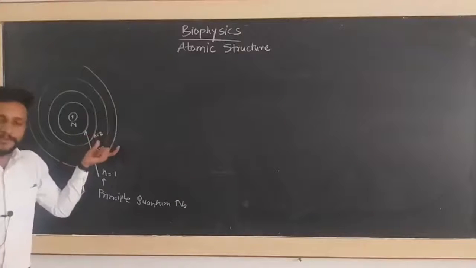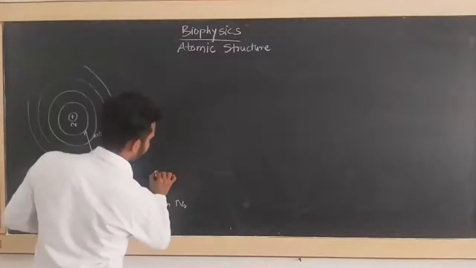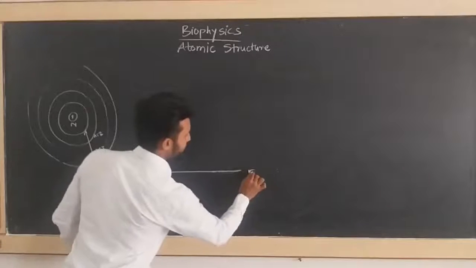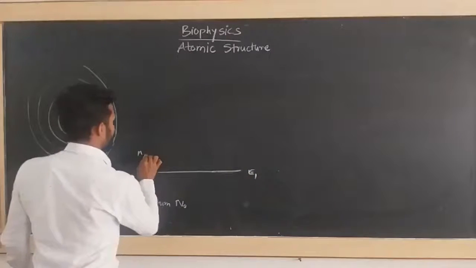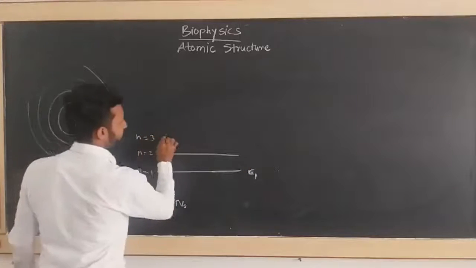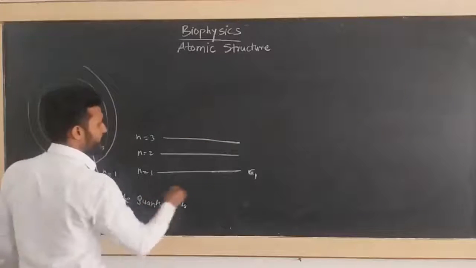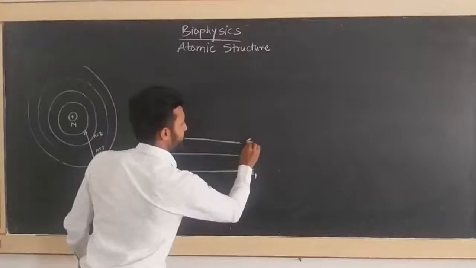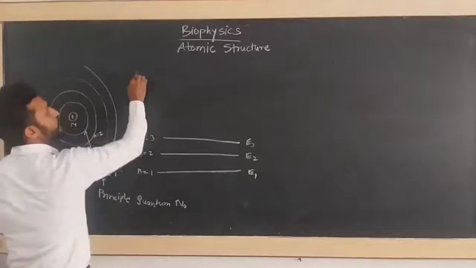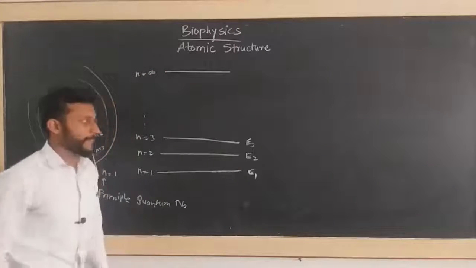Each and every orbit has fixed energy, and we can draw energy level diagrams. n equal to 1 has a particular energy E1, n equal to 2 has a fixed energy. These are the energy states, each having a particular fixed energy, and so on, up to an infinite number of energy levels.